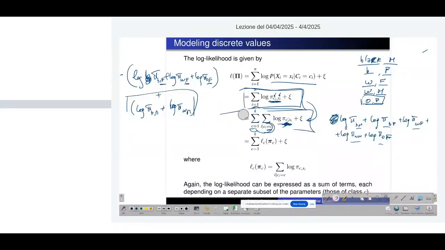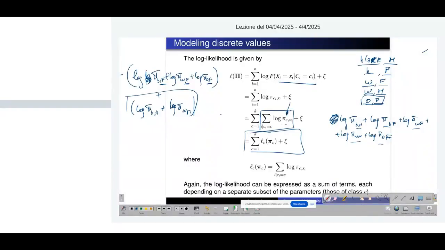So we can express, as we did with the multivariate Gaussian classifier, this as a sum over classes of these terms. Notice that each summation here depends only on the parameter vector of a single class. That was the same that happened with the multivariate Gaussian classifier.